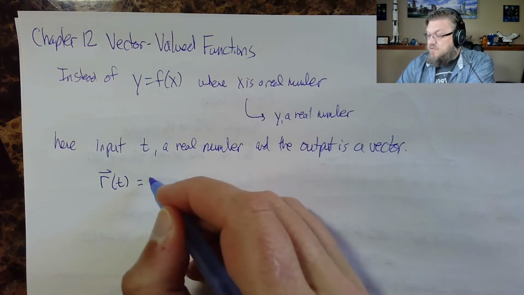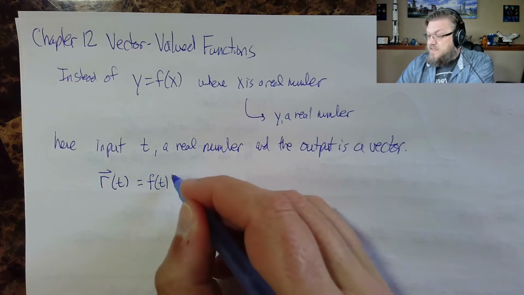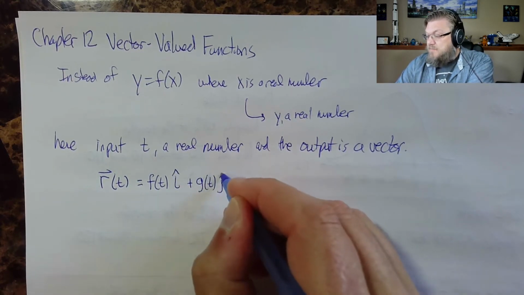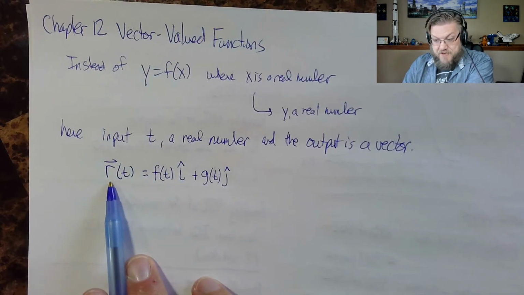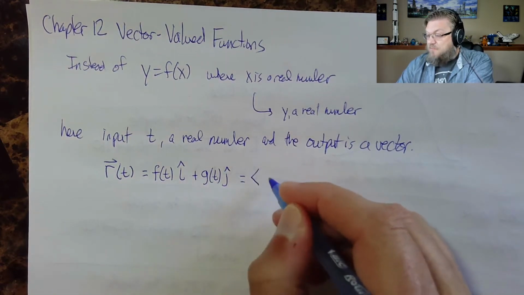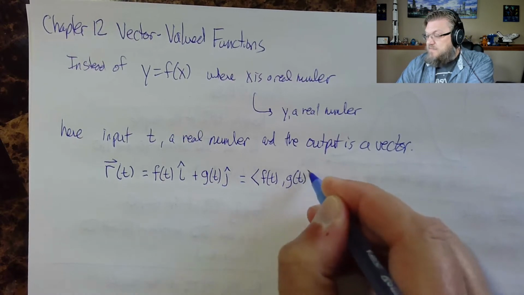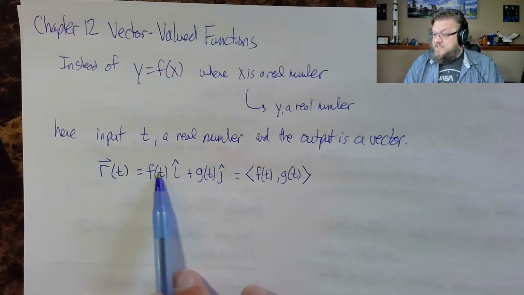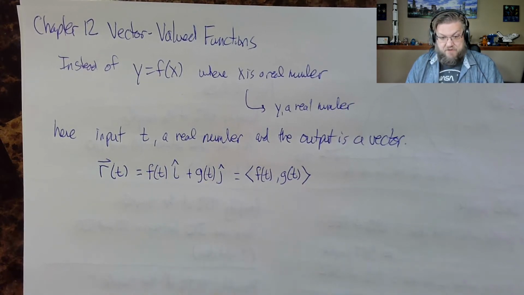And this will equal, as an output, some function of t, f of t, times i, plus some g of t, j. And so the output of this vector valued function is indeed a vector. And you could, of course, use the angle bracket notation if you wanted as well. That's equivalent. Basically, you're taking t and plugging it into this component and this component, and then writing it as a vector afterwards.